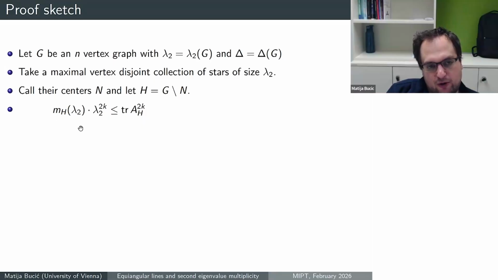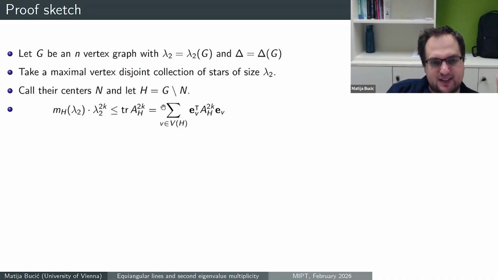So here I'm insisting that we take an even power so that I don't need to care about positive and negative ones. And I only care about the lambda 2 ones. So we have multiplicity many of them. Each is lambda 2 to the 2k, and this is upper bounded by the trace, which is just the sum of all the eigenvalues that show up. Okay, so nothing scary happening here.